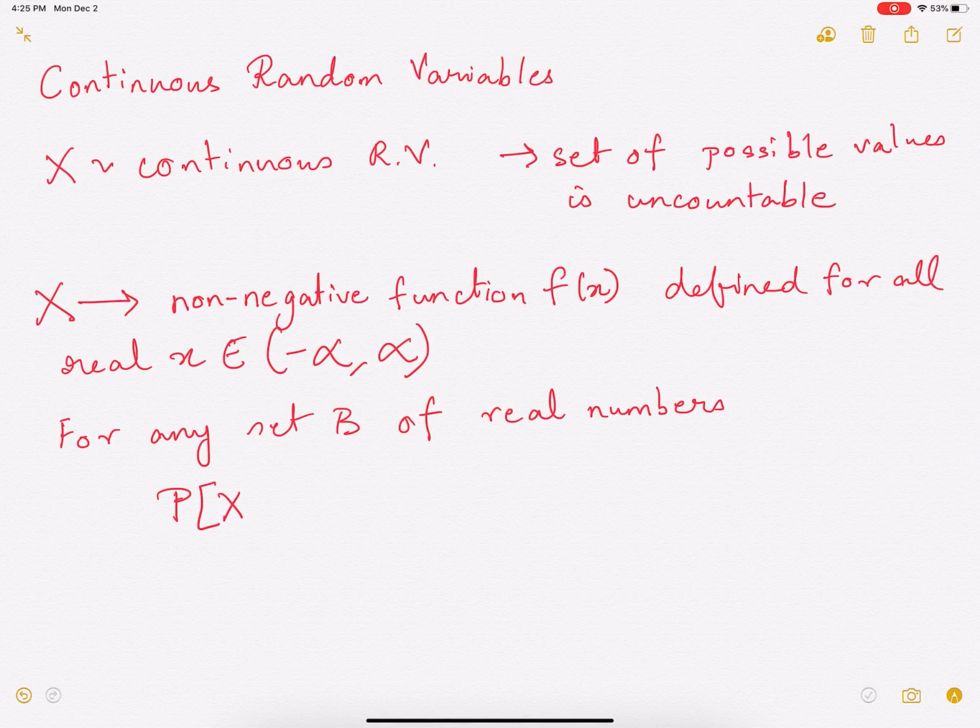The probability that x is an element of this set, say between -3 and 5, you can get by integrating fx dx over this set B. So the integral of fx dx over this set B of real numbers is going to give you the probability that x, this random variable, falls in that set of real numbers B.